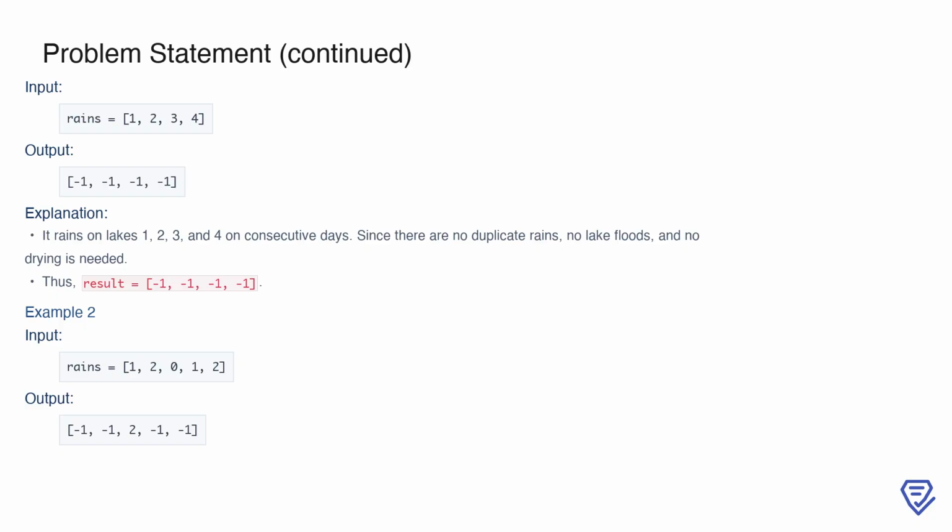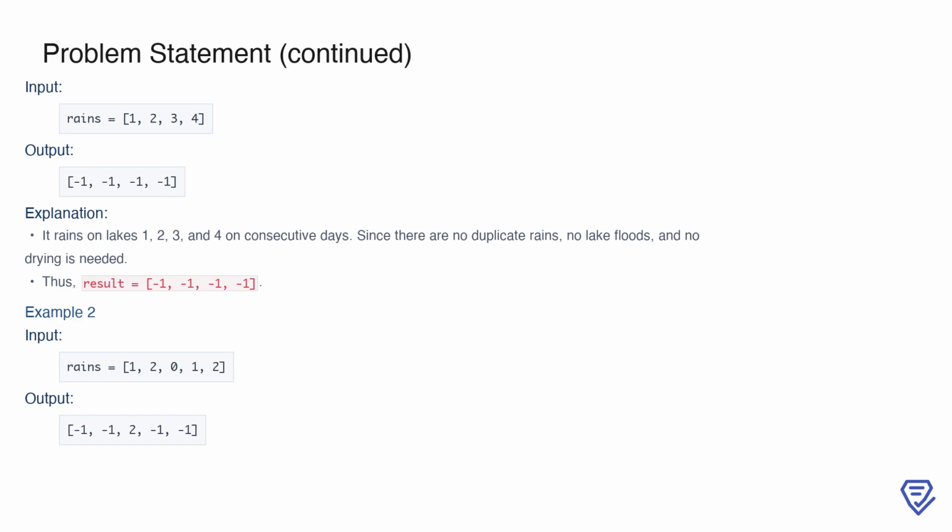Now, let's consider a slightly more complex scenario. In the second example, rains is [1, 2, 0, 1, 2]. On day 1, it rains on lake 1, so result[0] is -1. Day 2 sees rain on lake 2, so result[1] is also -1. On day 3, there's a 0, giving you the opportunity to dry a lake.